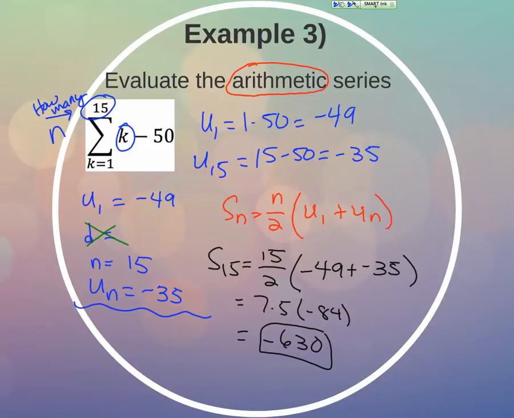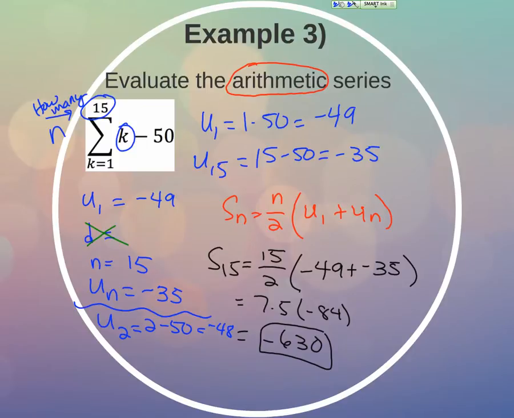Now, like I said, if you're really into the long formula, you can find the second term by plugging 2 into here. So 2 minus 50 is negative 48. Remember that you can take a term and subtract the term before it.